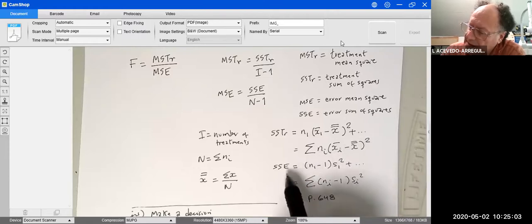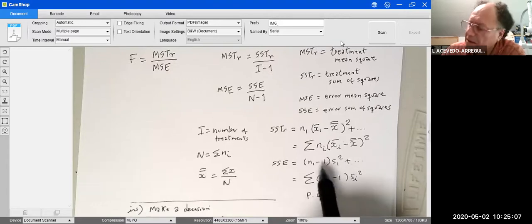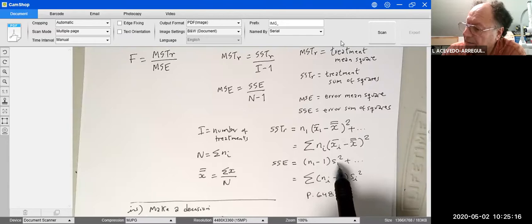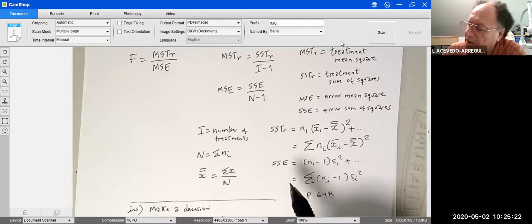And SSE, the error sum of squares, is computed by using this formula. You multiply the degrees of freedom, n1 minus 1, from the first sample by its variance, s1 squared, and then you add the corresponding value for the second sample, the third sample, and so on.